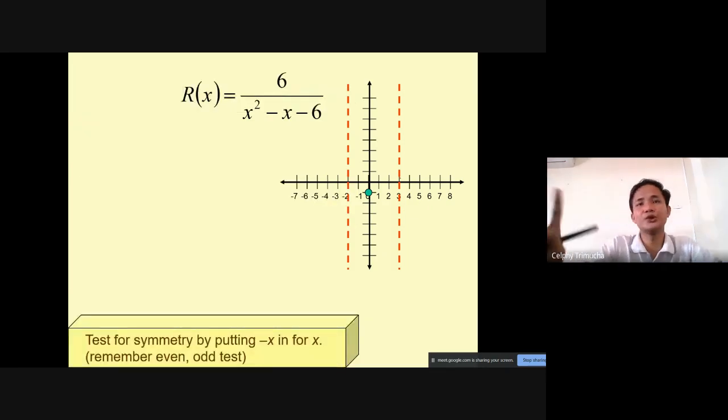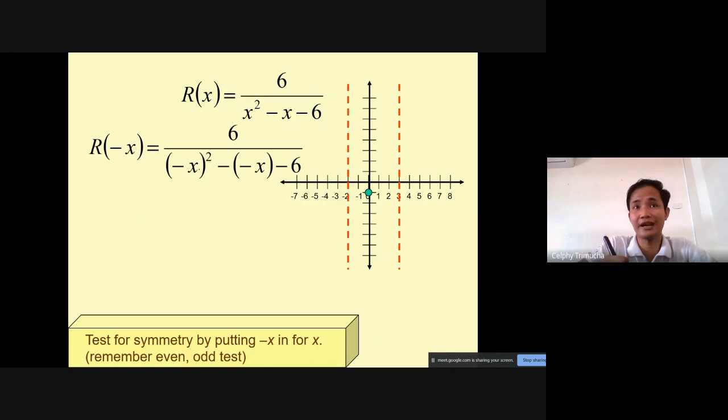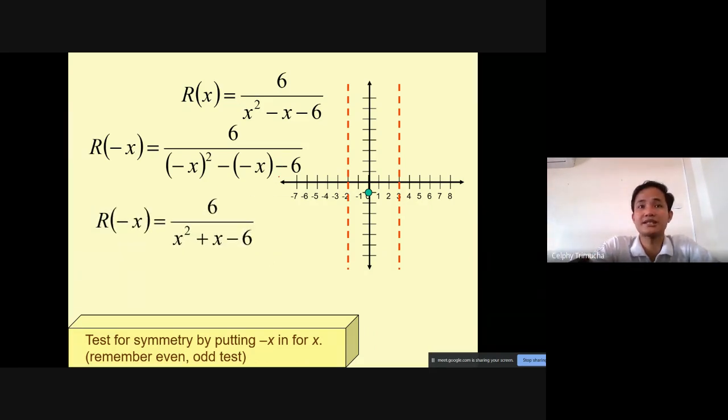Next, we test for symmetry by putting negative x in place of x. So what does our graph look like? We have negative x squared minus negative x, so every x becomes negative, minus 6. That will be equal to x squared plus x minus 6.